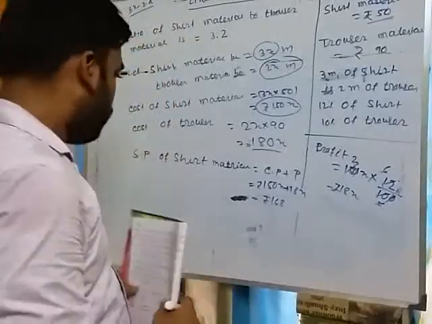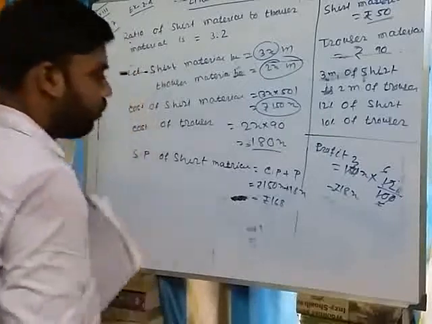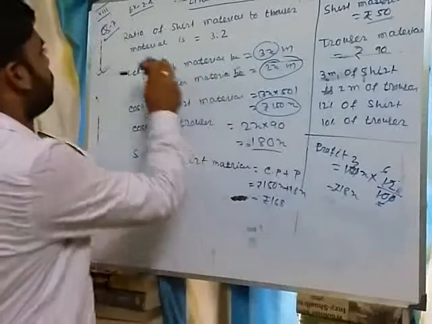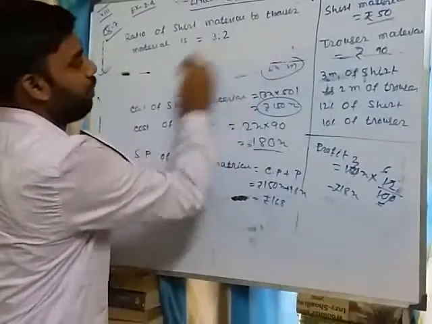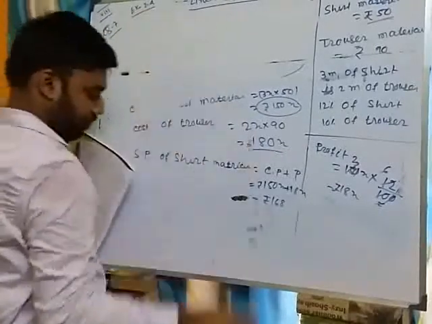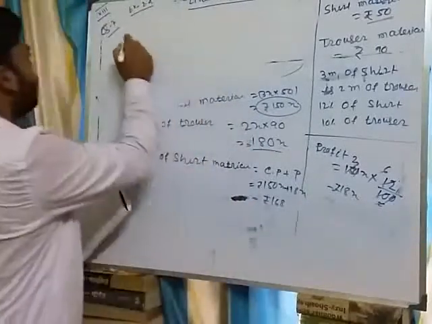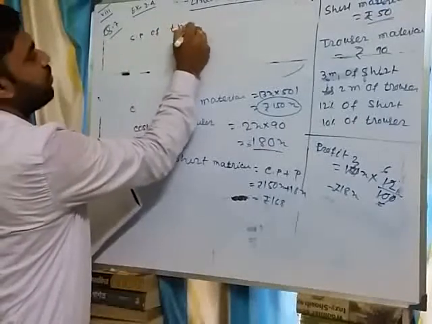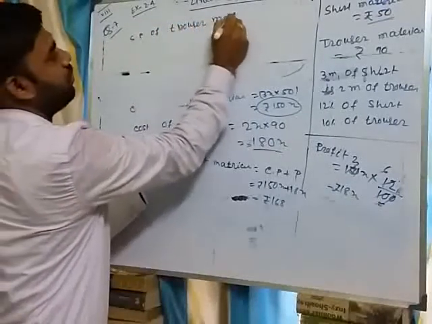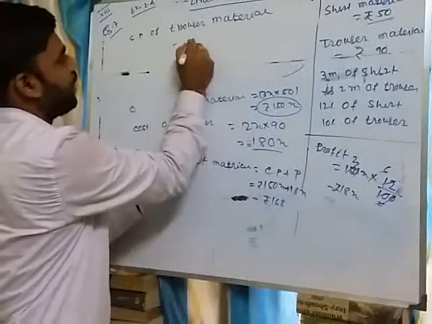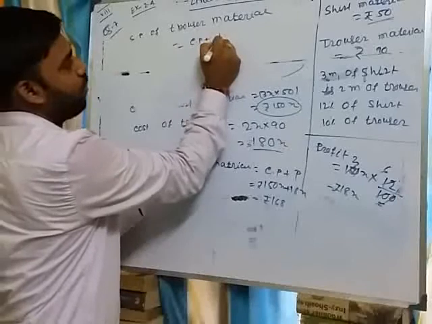Now we calculate the selling price of trouser material. Same formula, cost price plus profit.